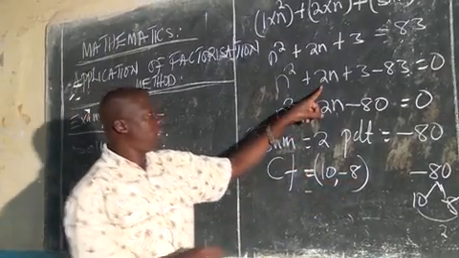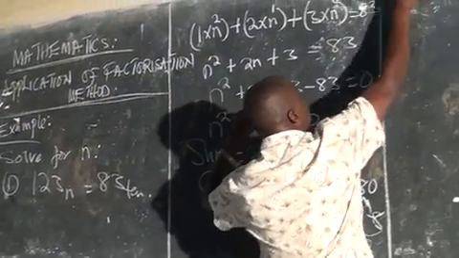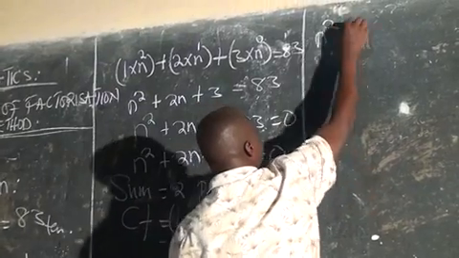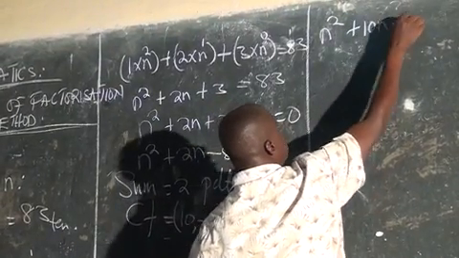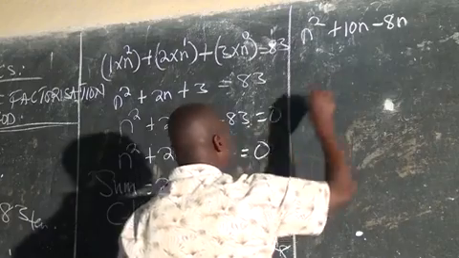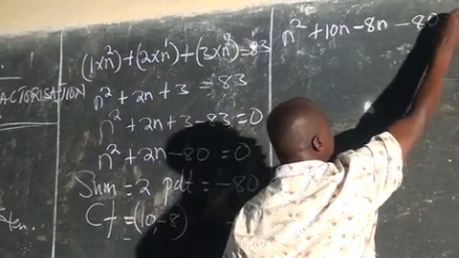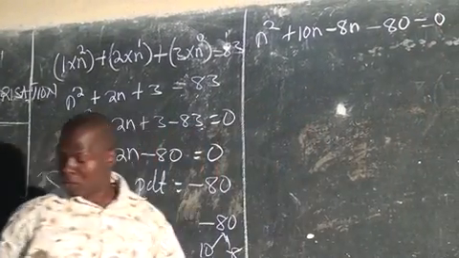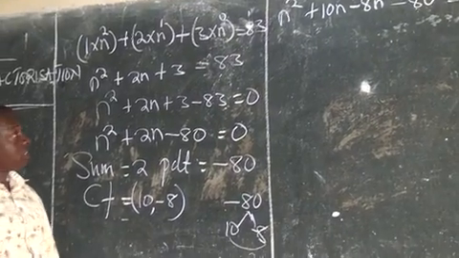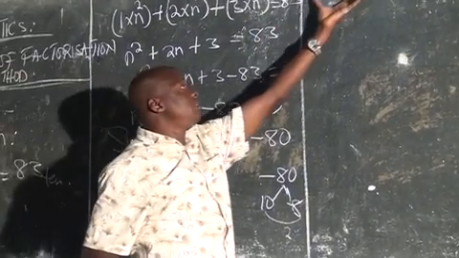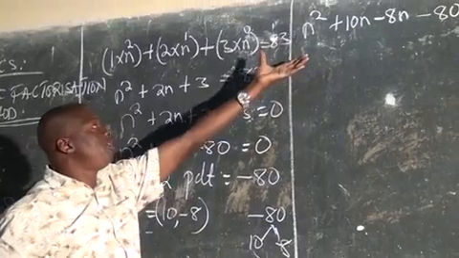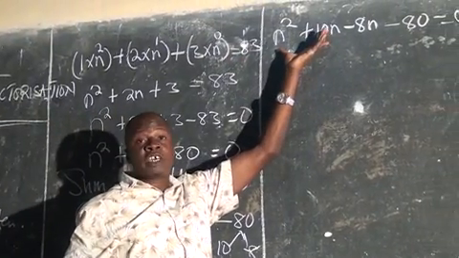Let us substitute this where the 2 was. We shall have n squared plus 10n minus 8n minus 80 equal to 0. Now we shall look at the first two terms. There is a common factor, and that common factor is n.